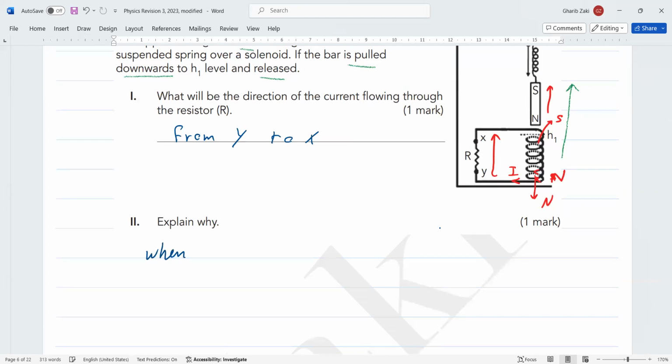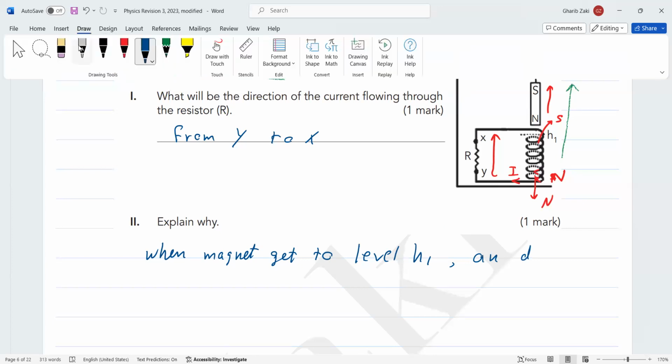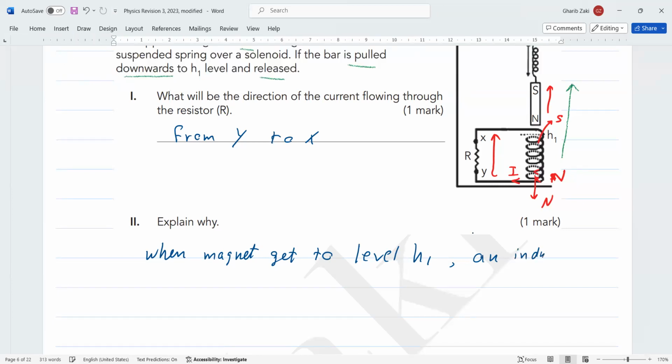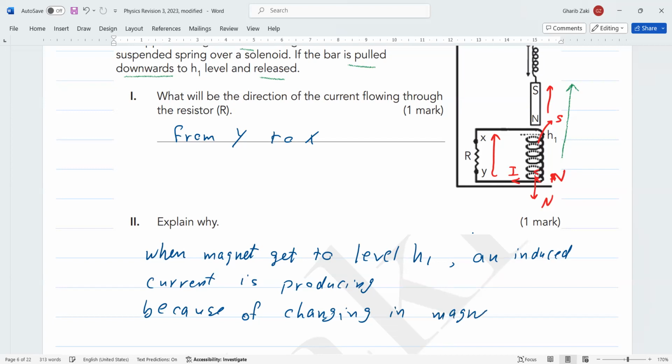When the magnet gets to level H1, an induced current is produced because of a change in magnetic flux.